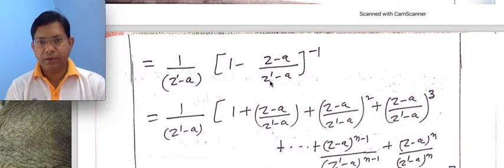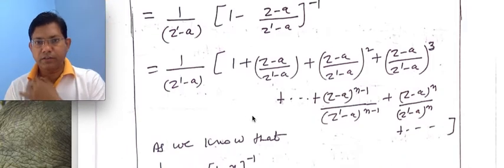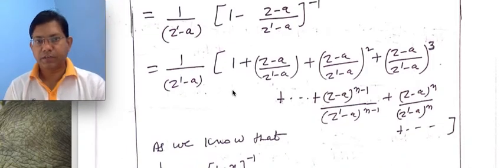Now applying binomial theorem, this can be further written as 1 upon (z' - a) times [1 plus (z - a)/(z' - a) plus ((z - a)/(z' - a))^2 and so on]. This integral we take up to n minus 1 and then plus ((z - a)/(z' - a))^n.